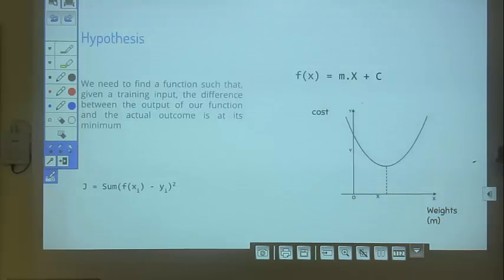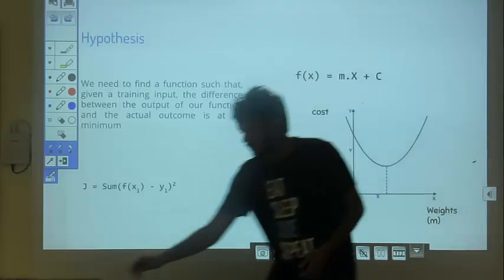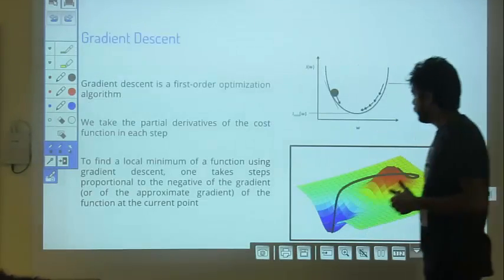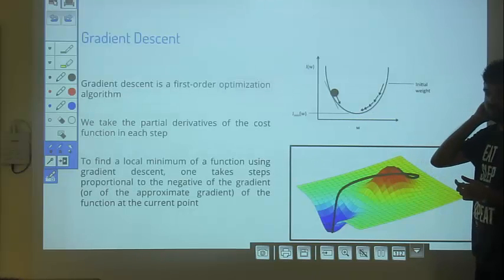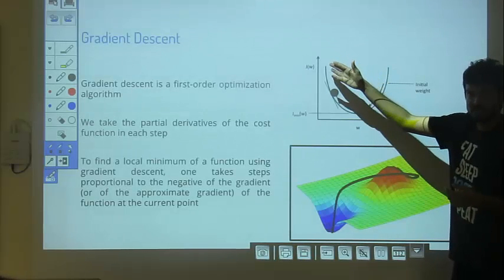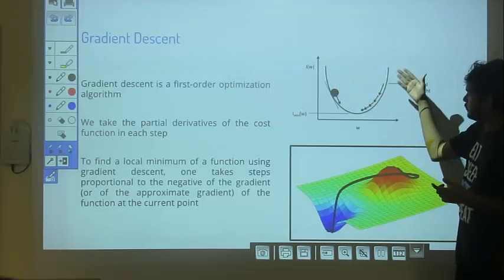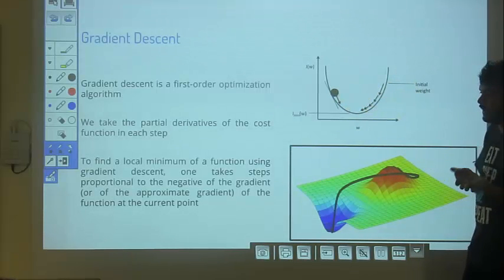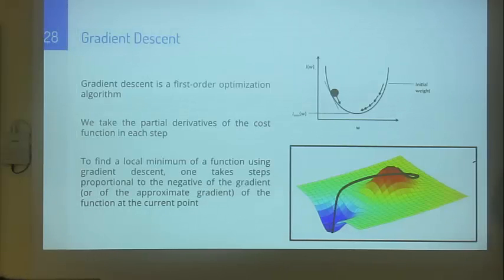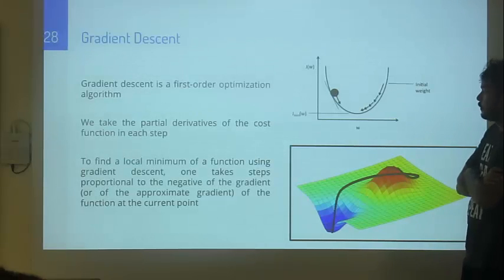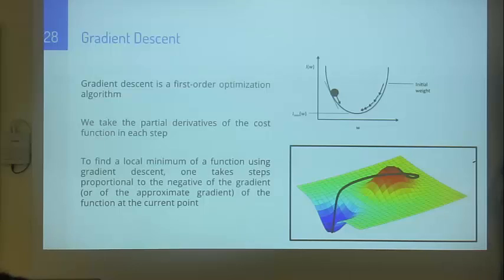To find the minimum cost, you have to adjust the weights of your model to some values and find it out. But the problem is, if you have thousands and millions of data, you have millions of features as well.